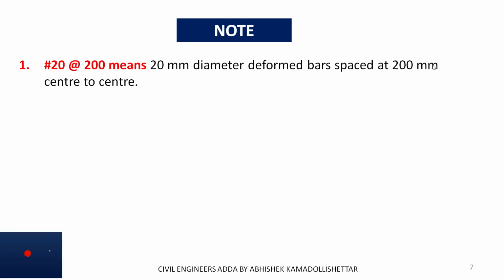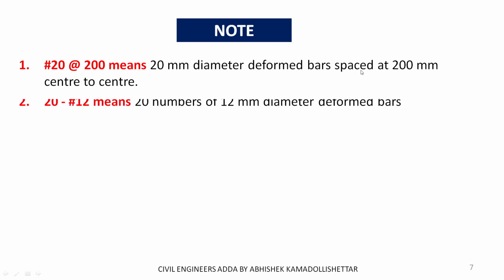Otherwise, in the drawing they will give a note at last saying all dimensions are measured in mm. Usually it will be in millimeters only. So hash 20: I told you that hash means deformed bars, so hash 20 is the symbol for deformed diameter. Diameter 20 means 20 mm dia deformed bars placed at 200 mm center to center.